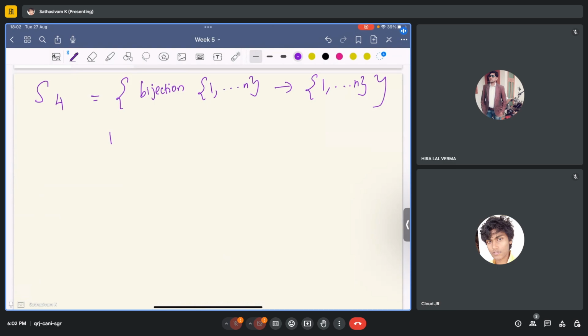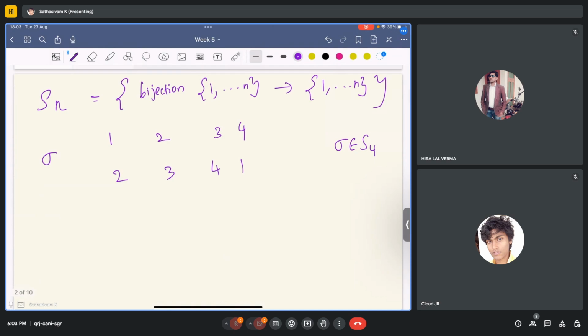Suppose you have a sigma like this, a permutation where sigma belongs to S4.